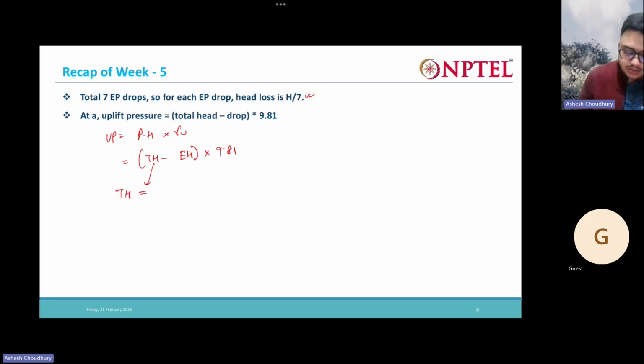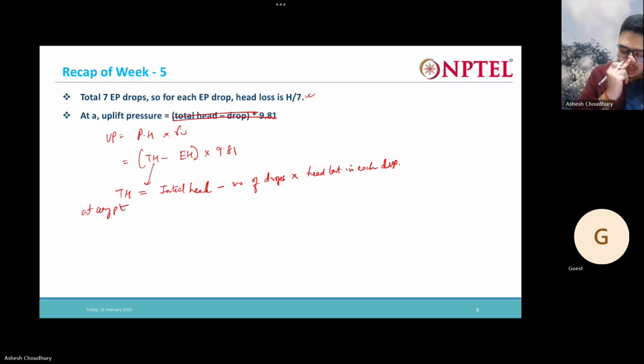The total head at any point is the initial head minus the number of drops times the head lost in each drop.